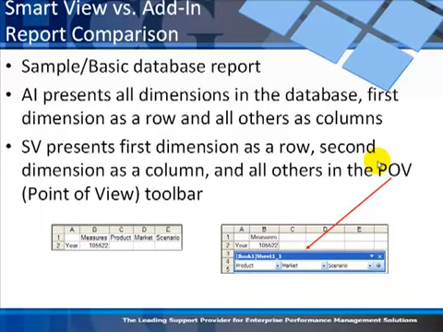The add-in presents all of the dimensions in the database, with the first dimension being displayed as a row dimension, year in this case, row 2, and all of the other dimensions as column headers in columns B, C, D, and E. Whereas SmartView takes that same report, presents the first dimension as a row, row 2, and the second dimension as a column, column B, and then all of the other dimensions in what is called the Point of View toolbar. We'll talk more about the row, column, and point of view dimensions coming up.